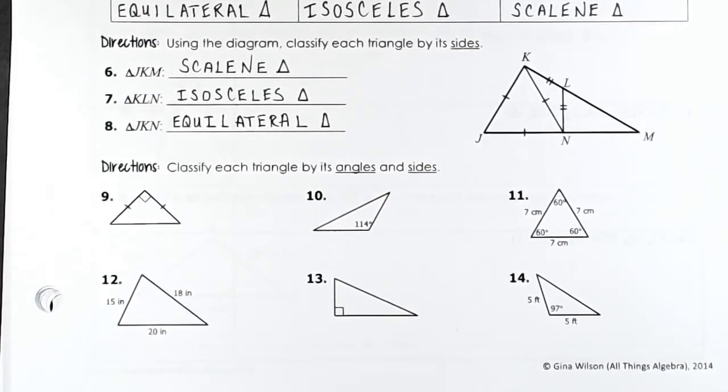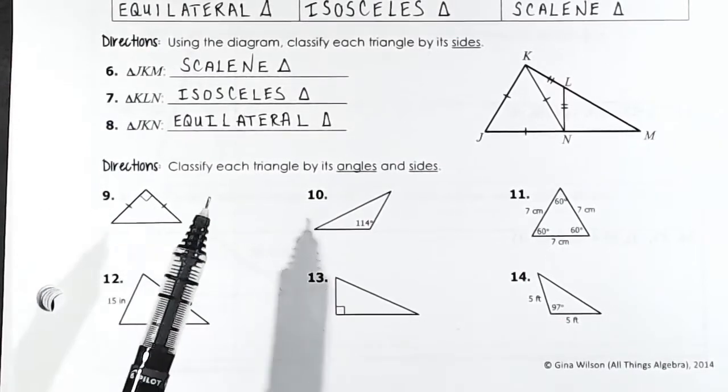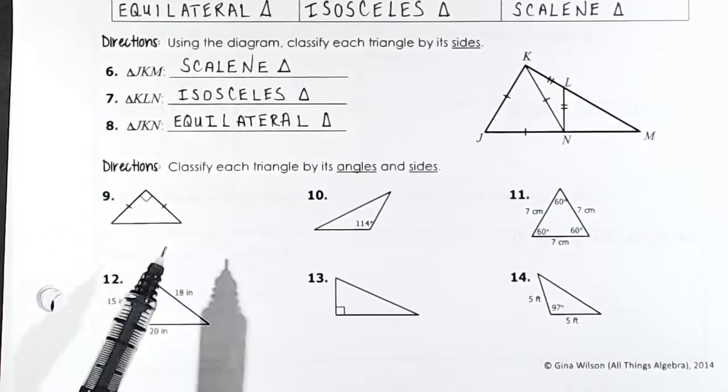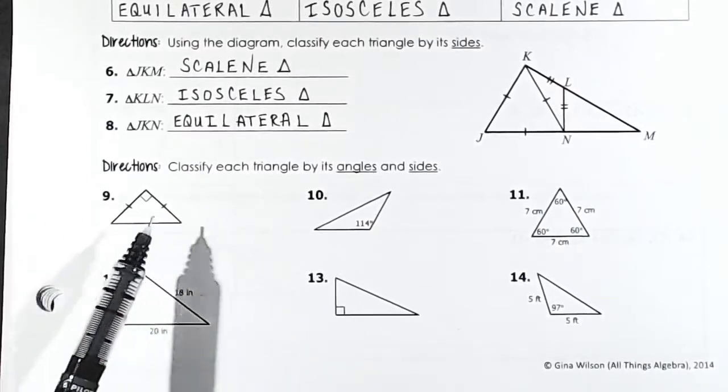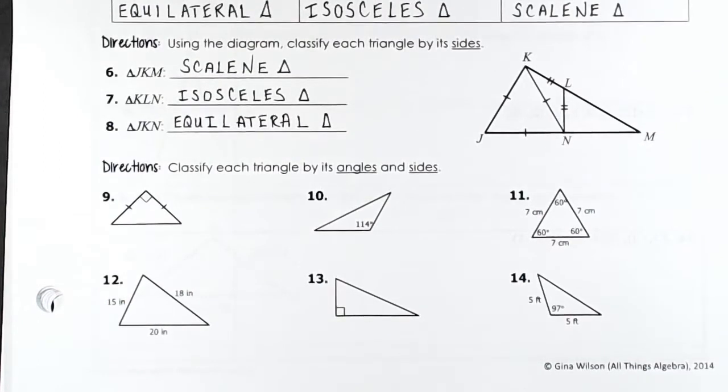Okay, so the way that I'd like to do this is I'd like to look at the triangles first by their angles and then by their sides. And we're going to write two different things down. And I'll do that in two different colors. I'll use blue and red.